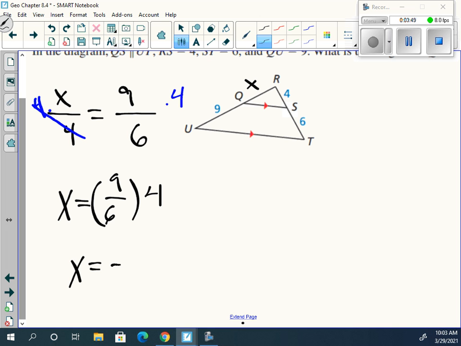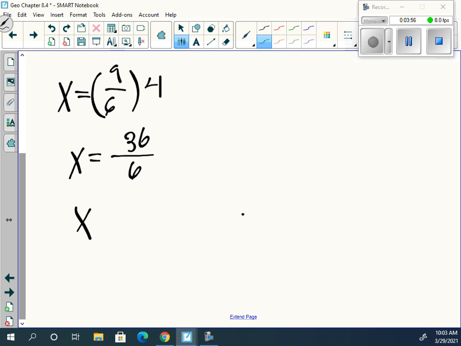If we did this out by hand, we would multiply 9 times 4, which would give us 36. Well, 36 divided by 6 is 6. Any questions over any of this so far? Okay. You ready for the next one?